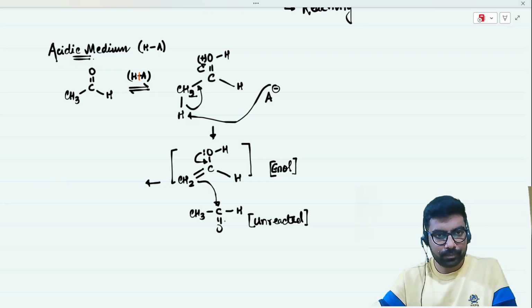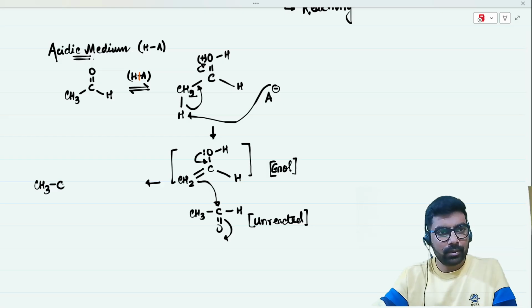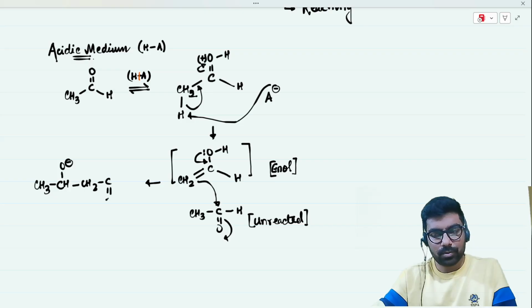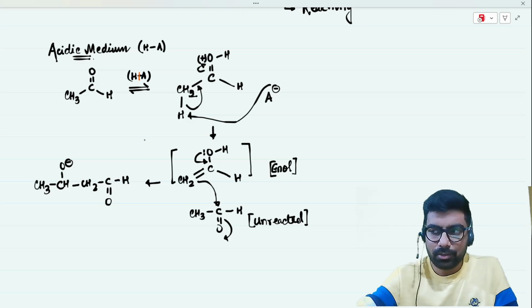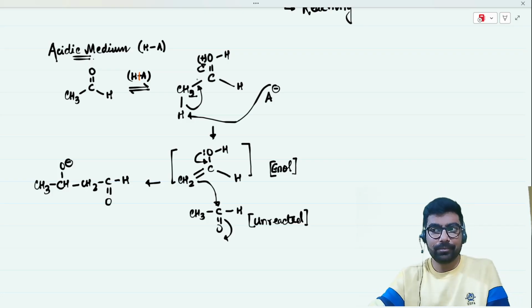This will open up. So we have CH3, CH O minus, and then we have this one CH2, C double bond O, and H. And now you know that there are plenty of acids over here.